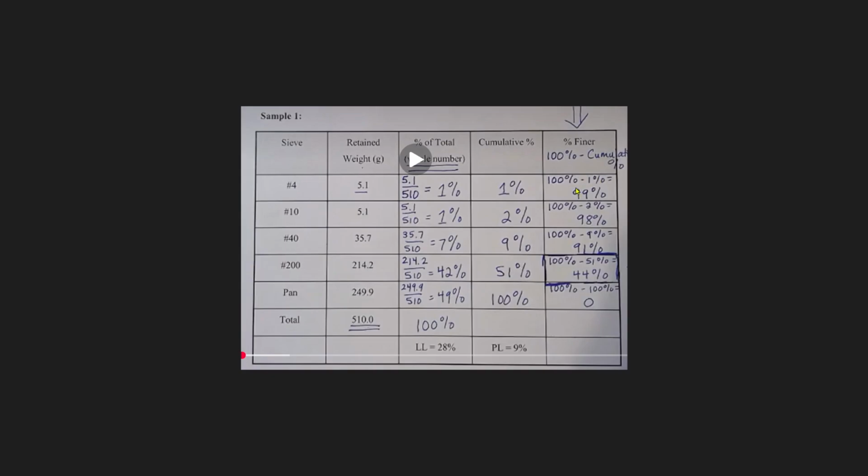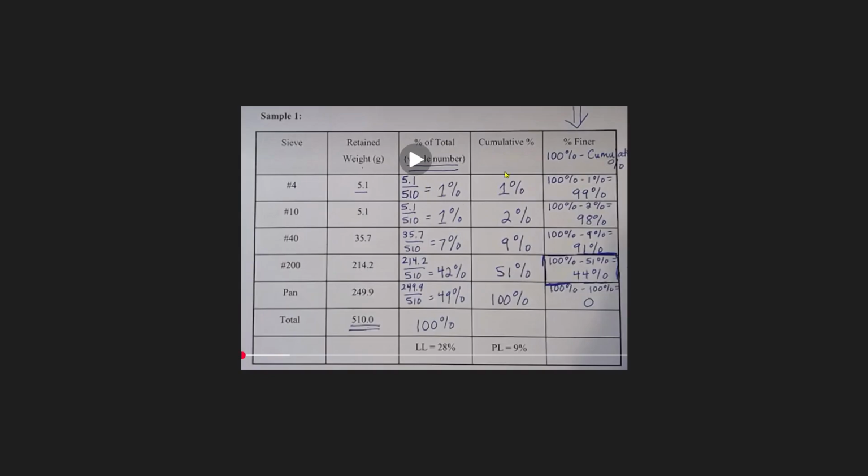And then we go down here, take 100% minus 2%, 98% passing. Go down here, and you have 9%, 100 minus 9%, and that gives you 91% passing. Down here, it's 100 minus 51, and that gives us our 49% passing. And that's the way you calculate the cumulative.